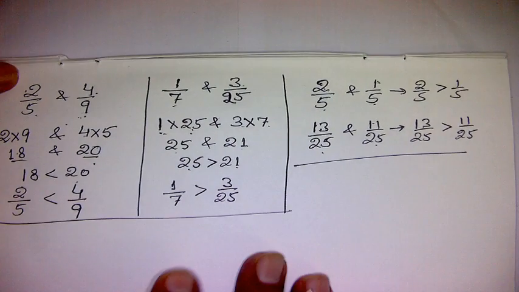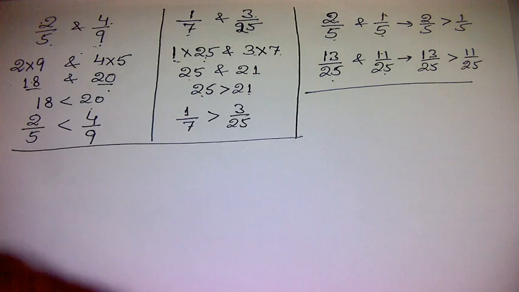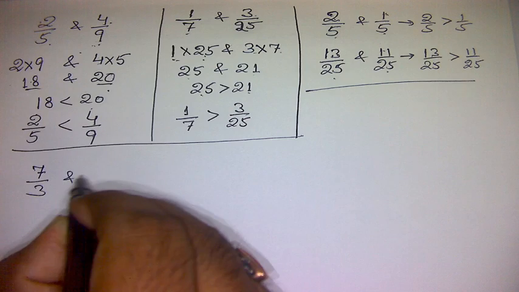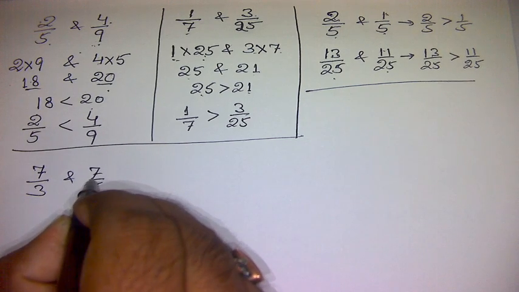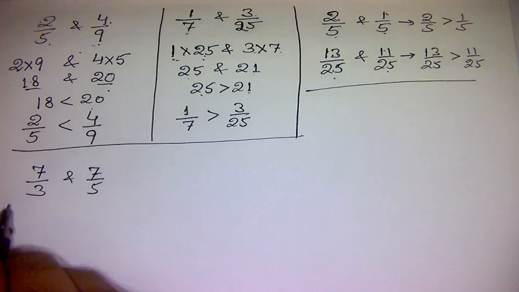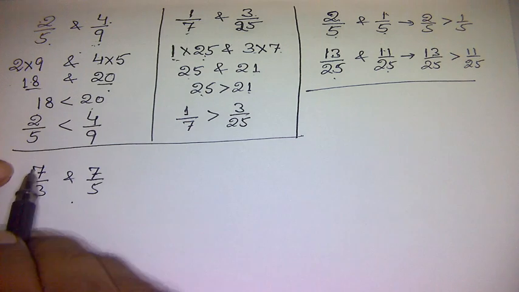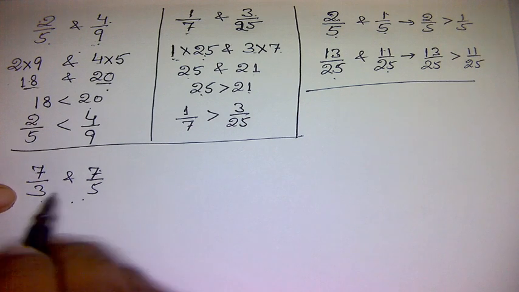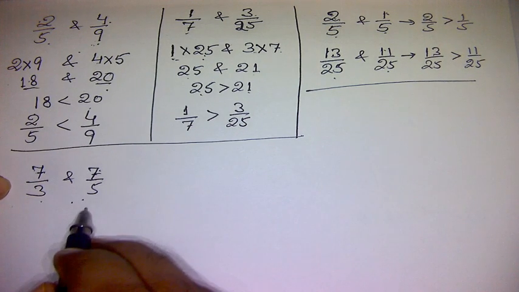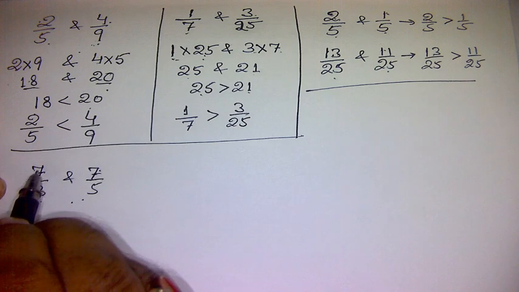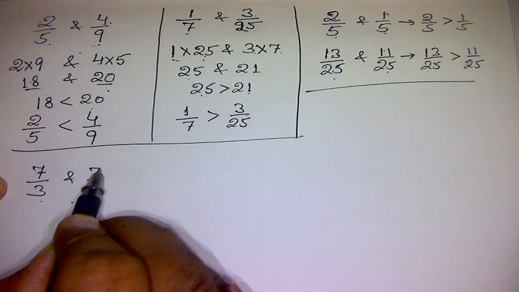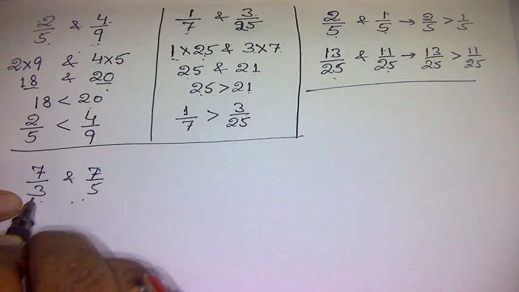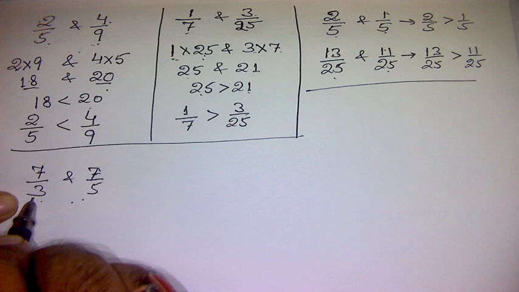But even if the numerator is the same, say you have 7 upon 3 and 7 upon 5. Now if you want to compare these two, where the numerators are the same and denominators are different, then also you can directly compare them. How? If the numerators are the same, the fraction with the smaller denominator will be considered the bigger one.